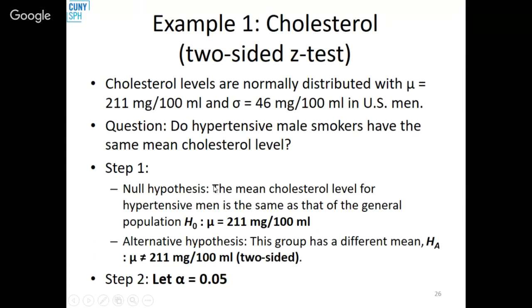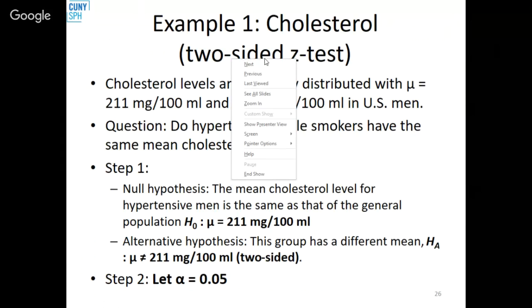This is that the mean cholesterol level for hypertensive men is the same as for that of the general population, or as a formula, H0 is that mu equals 211. So I've been careful to state this in terms of the population, not in terms of the study. The alternative is that, here I wrote group, but this is referring to hypertensive men, that hypertensive men have a different mean than the general population.